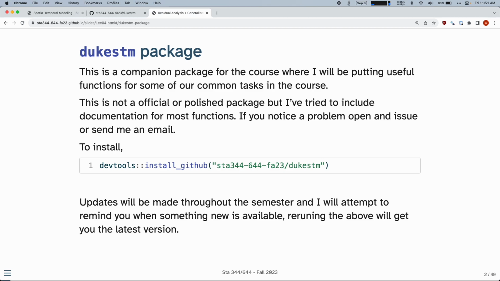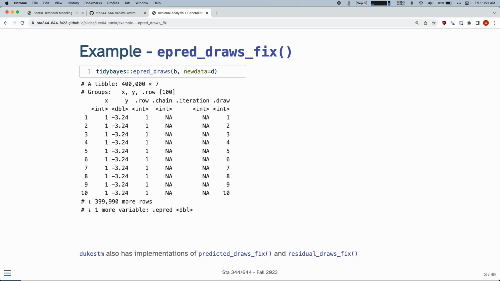By way of that, just to show you a quick example, another helpful function that's there: I mentioned last time that the default epred_draws or predicted_draws from tidybayes is slightly broken insofar as it does not carry the chain or the iteration information through, which is a little bit obnoxious.